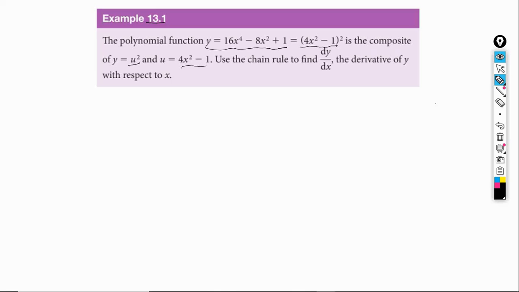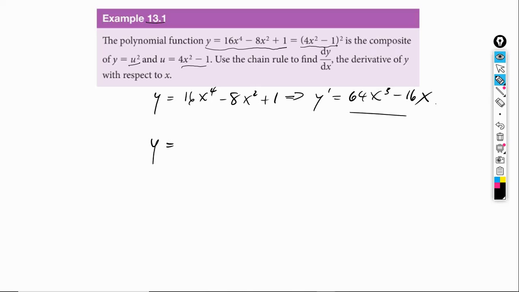Okay, so notice that we could do this directly, right? Because if y is equal to 16x to the 4 minus 8x squared plus 1, by using the power rule, we know that the derivative of y will equal 64x cubed minus 16x. But we're not going to do it this way. We're going to use the chain rule.